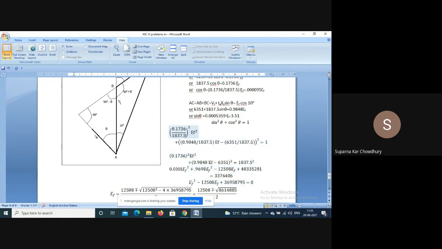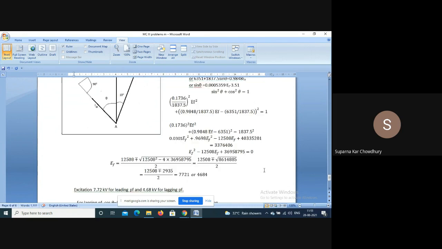So we can multiply both sides by this square. So this will be 0.1736 square EF square plus 0.9848 EF minus 6351 the whole square is equal to 1837.5 whole square.